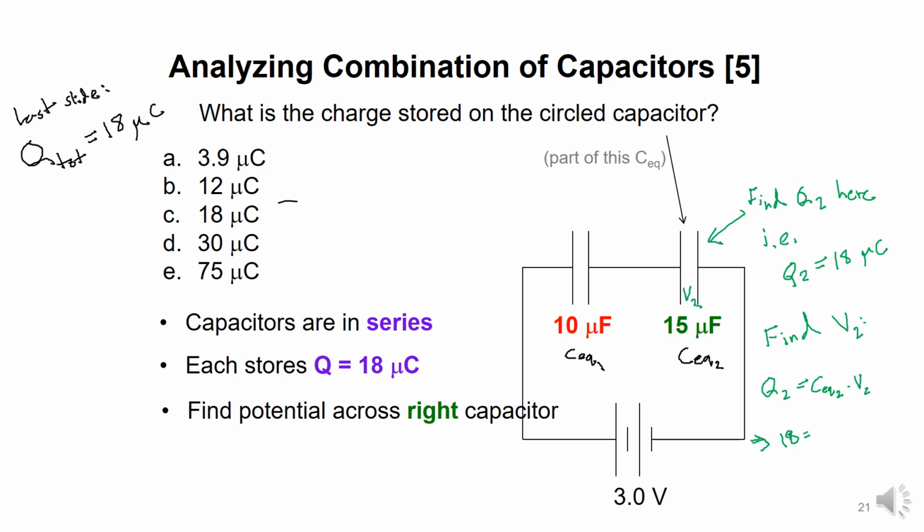So plug in our numbers here. Plug in 18 for Q2. Plug in 15 for the capacitance of the combination. Solve for V2.